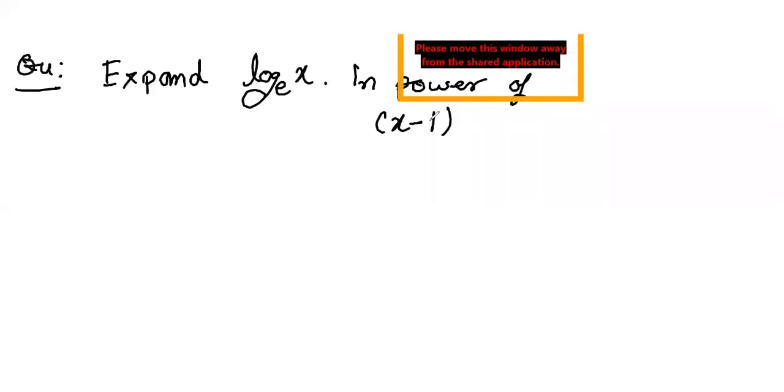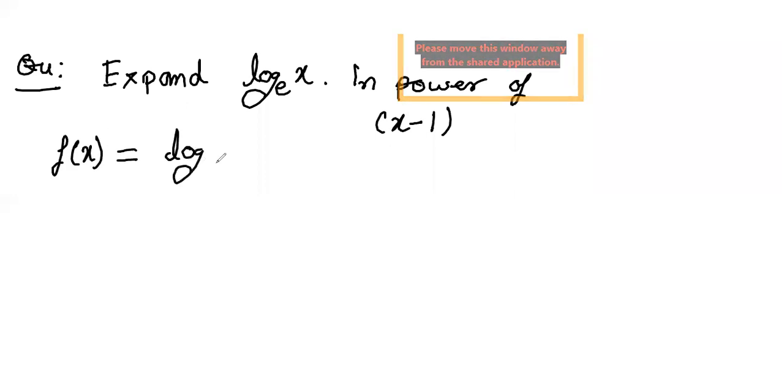So according to Maclaurin series, everything will be same. First, f of x is log x. No issue in this.